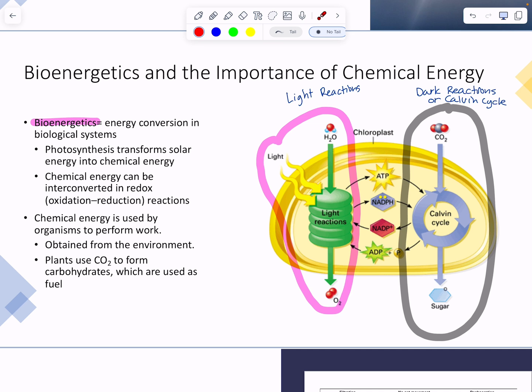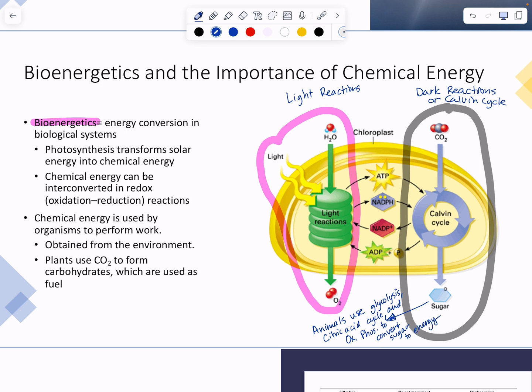And so we take this sugar and then we convert it to energy through glycolysis, the citric acid cycle, and oxidative phosphorylation, to convert sugar to energy.